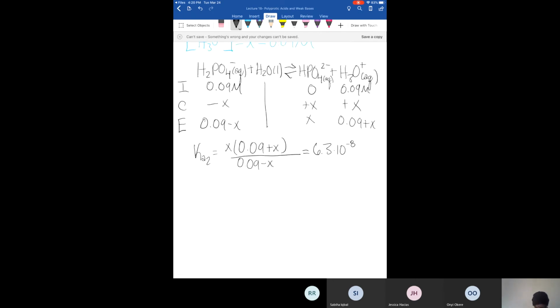Okay, so this one is not so bad. First you've got to get rid of this denominator by multiplying on both sides.